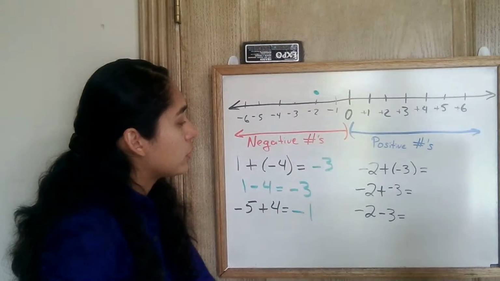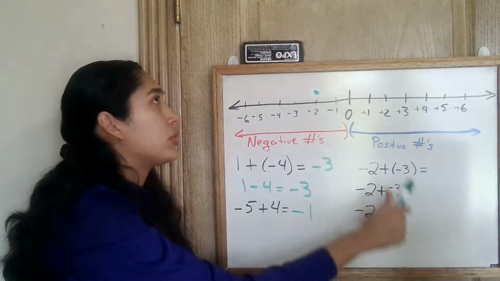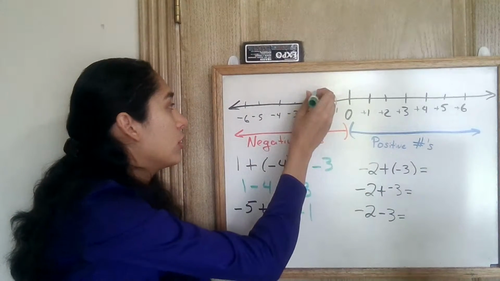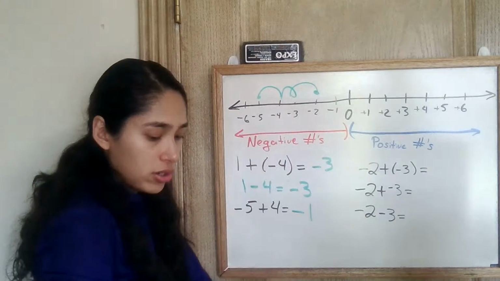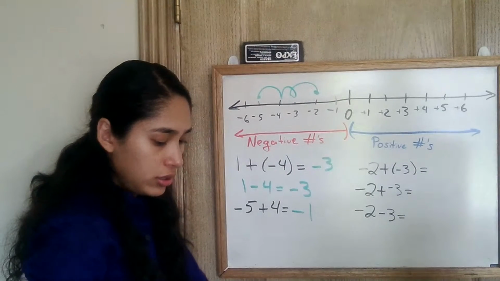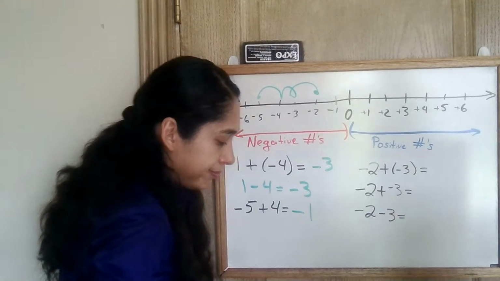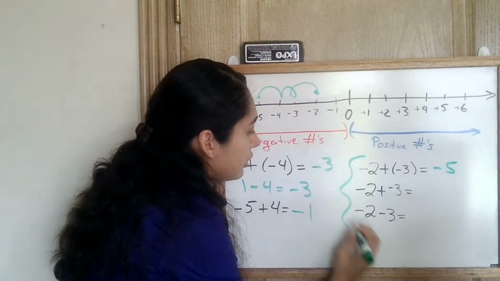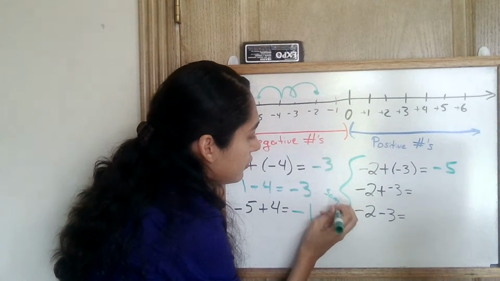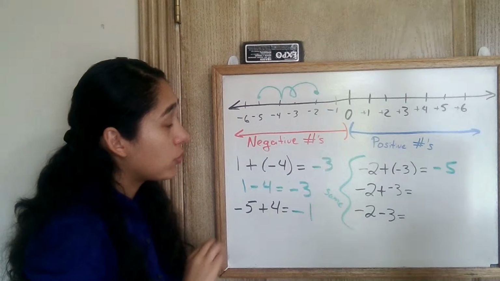We're going to start at -2 and then -3, so we're going to move 3 places to the left. 1, 2, 3. Our answer is going to be -5. These are all the same. Those 3 are the same. Something else I want to point out.